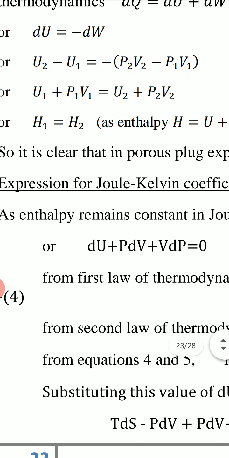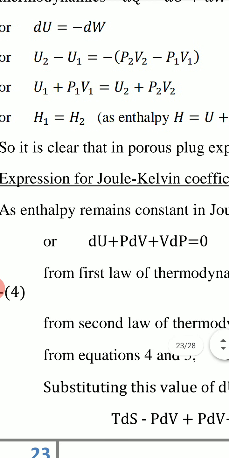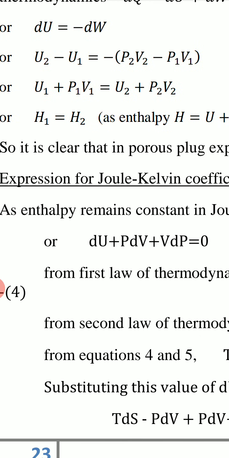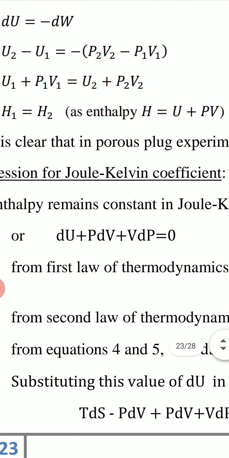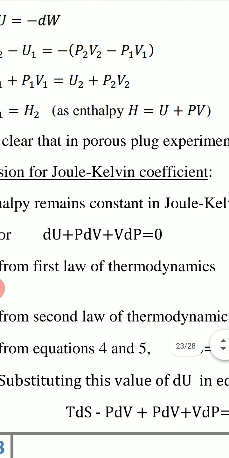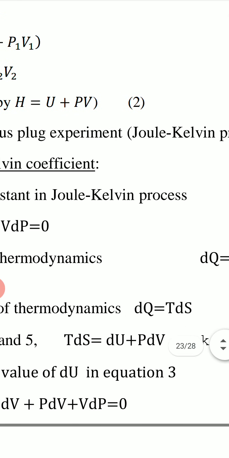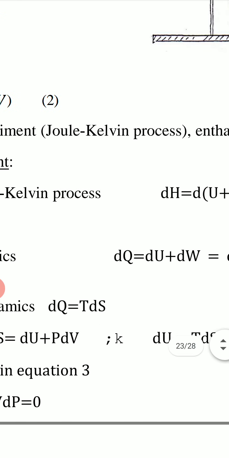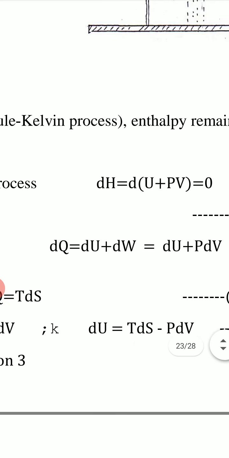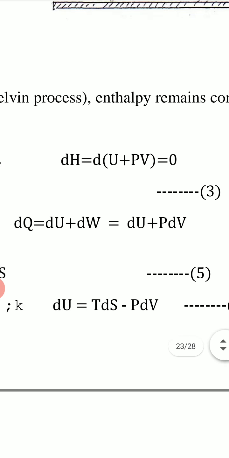So we have H1 equal to H2, enthalpy in region 1 equal to enthalpy in region 2, where enthalpy H is U plus PV. So it is clear that in the porous plug experiment, in the Joule Kelvin process, enthalpy remains constant.